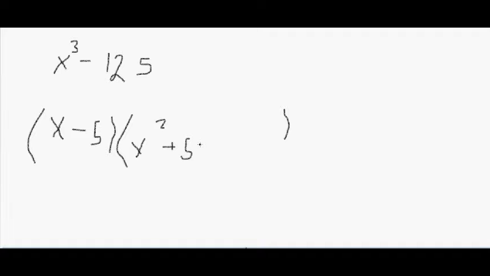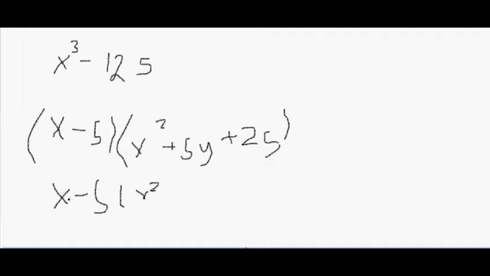Alright, so the opposite. Then what we do for the last term is we just square it. So negative 5 times negative 5 is positive 25. Alright? So that's how you go about doing it. Since there's no positive, you don't have to worry about it. So what we did is we wrote down x minus 5. The first term we squared, which was x squared.